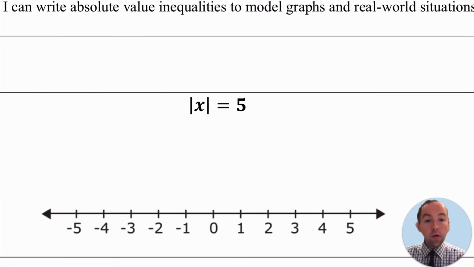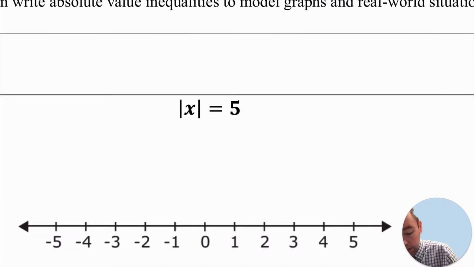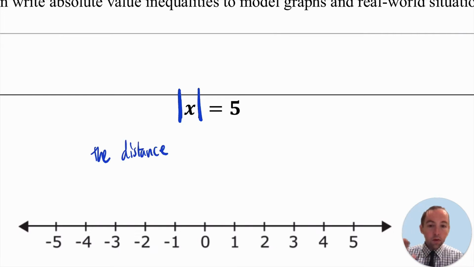value equation, like you're seeing here, absolute value of x equals 5, the meaning of that is that whenever we're using absolute value, of course, we're referring to the distance of the quantity that is absolute valued from 0. So it's the distance of, in this case, x from 0.